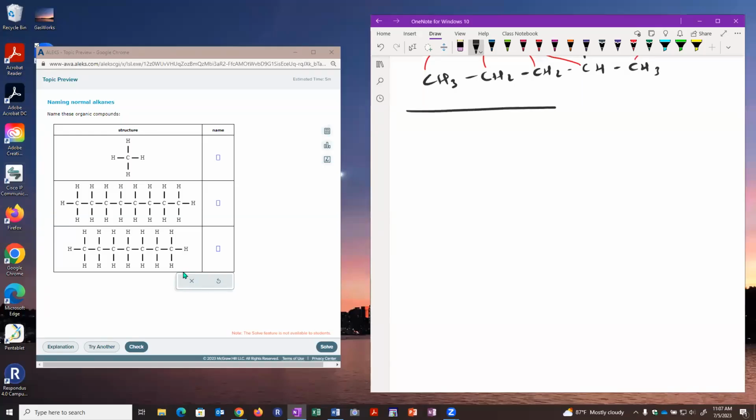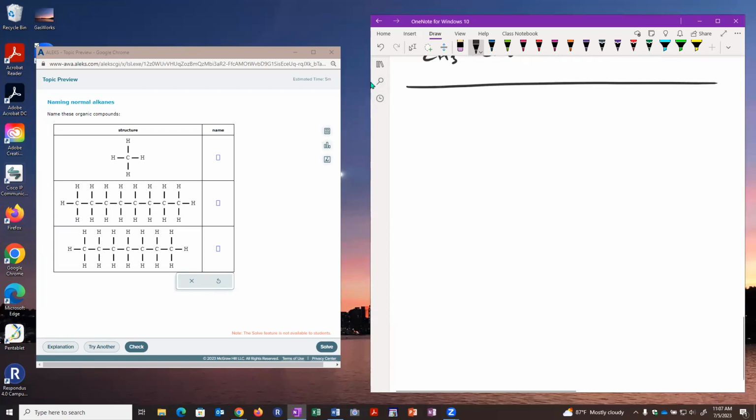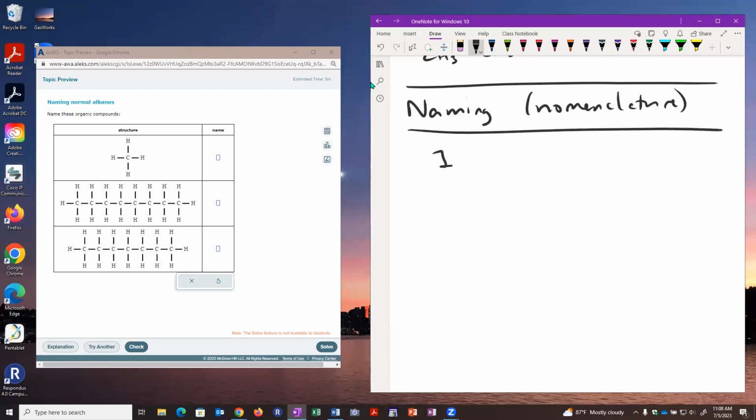All right, so we'll take a look at a little bit of the naming or the nomenclature for your alkanes, and this naming system applies to all of our organic compounds. Okay, and it's a systematic way to name things, which means that once you get the system down, you can apply it to all types of molecules.